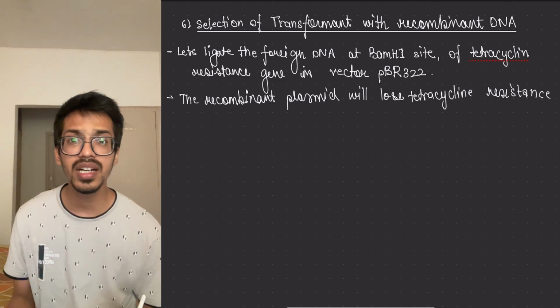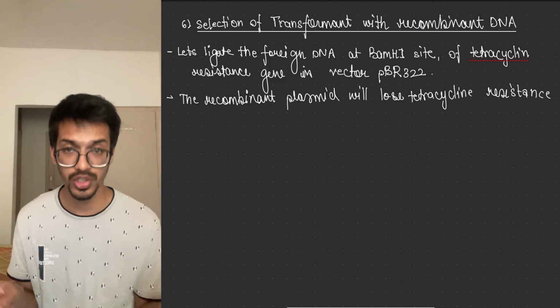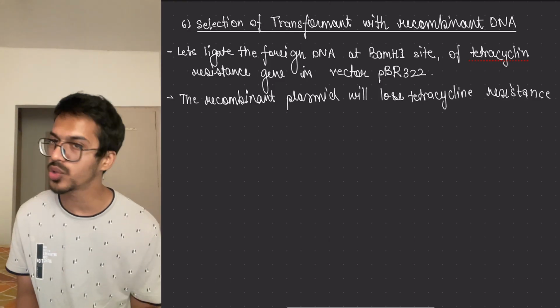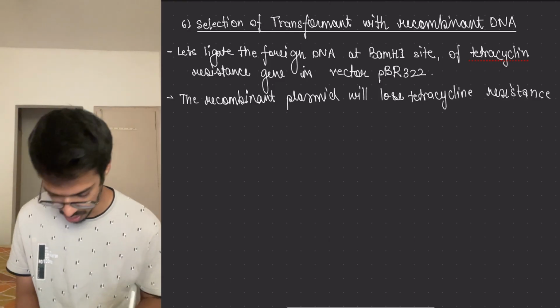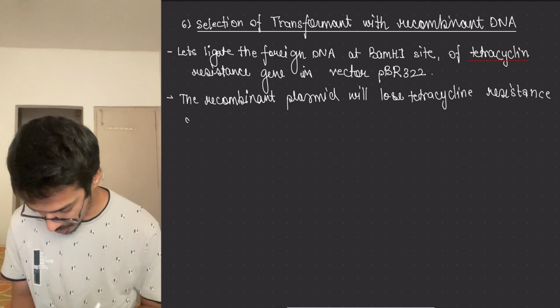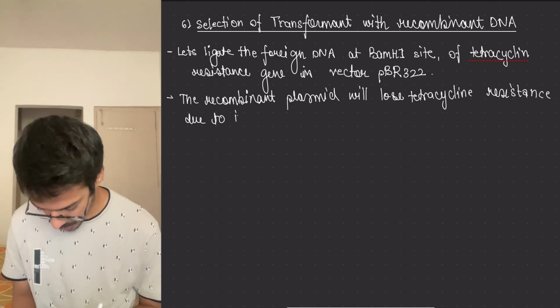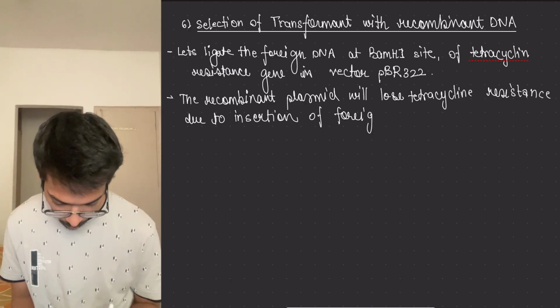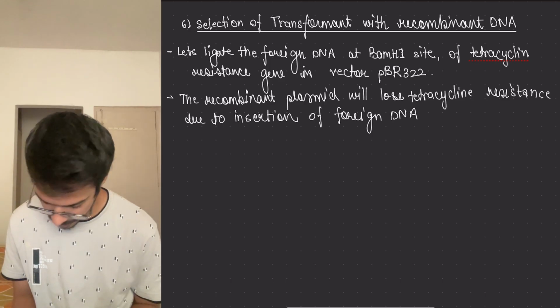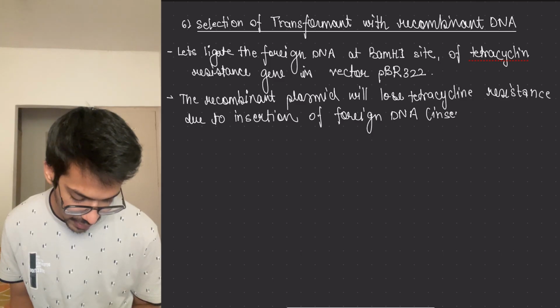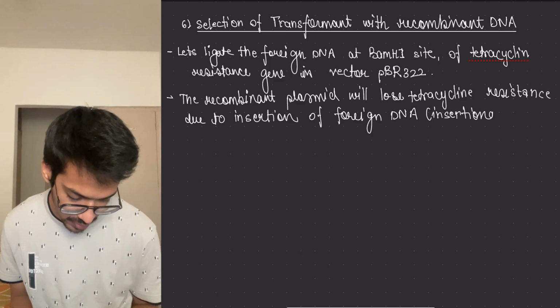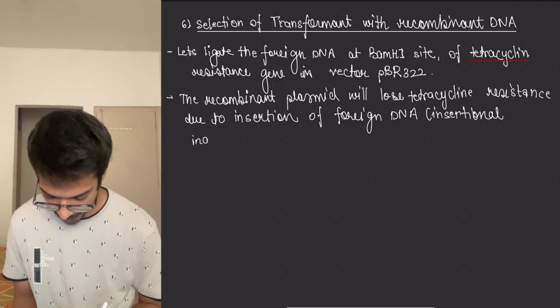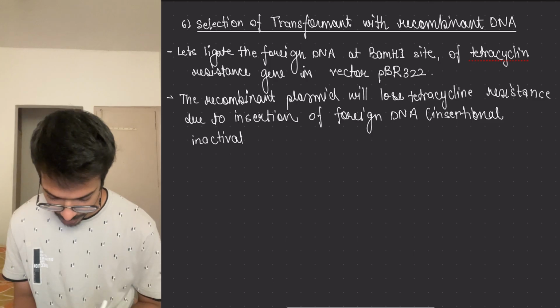Once you have made a cut, the gene is not continuous, so continuous formation of protein won't occur. The feature is lost. Loss of resistance due to insertion of foreign DNA is called insertional inactivation.